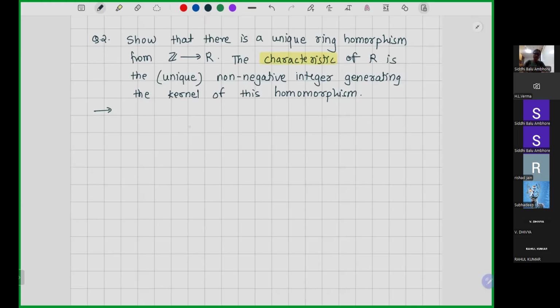Let us call this F. So F is any ring homomorphism from Z to our ring R. Let R be any ring. When I say ring, again I'm repeating that it is commutative with the multiplicative identity. So let F be a ring homomorphism.